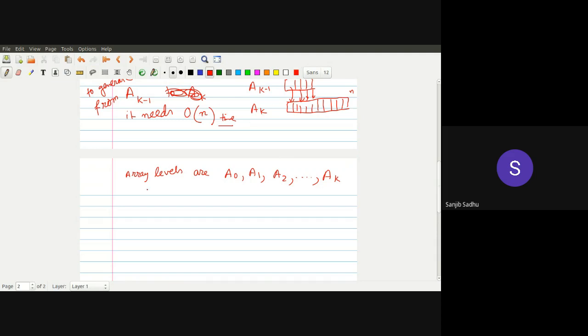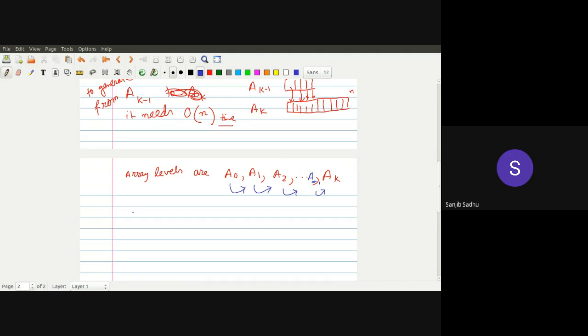And how many levels are there? Total k plus 1 levels are there, but actually what you are doing, you are copying from a0 to a1, a1 to a2, a2 to this, dot up to ak minus 1 to ak. Okay, so how many times you are doing this? k times.